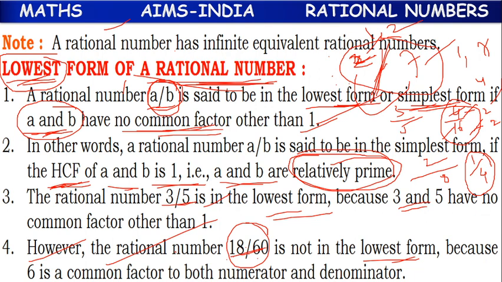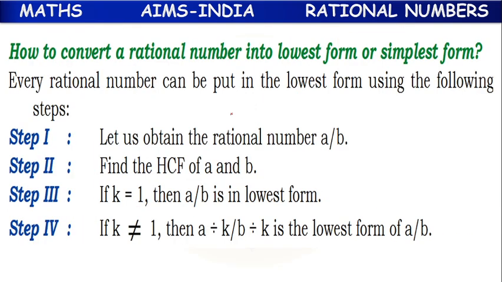Okay, children? Next. How to convert a rational number into lowest form or simplest form? First, let the given rational number be a by b. First we have to find their HCF.